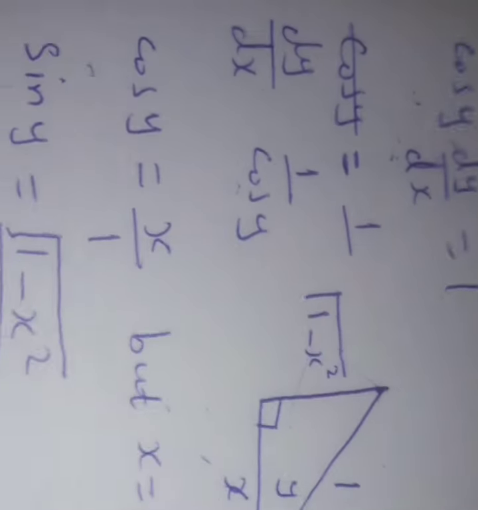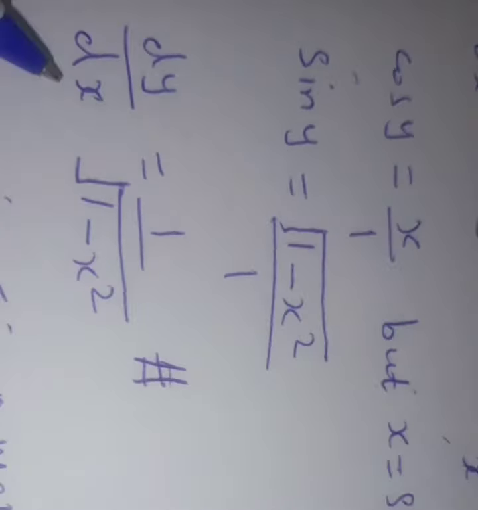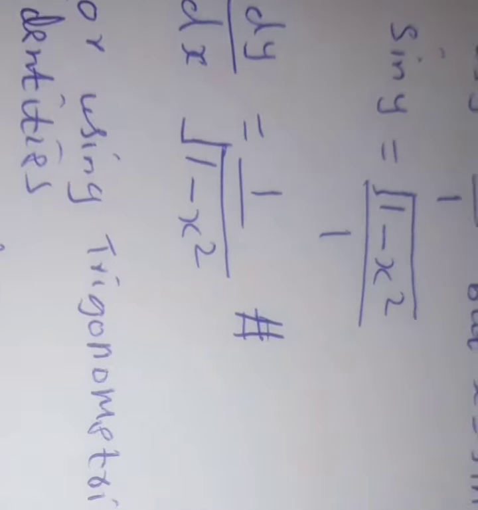So the solution is dy over dx is equal to 1 over the square root of 1 minus x squared.